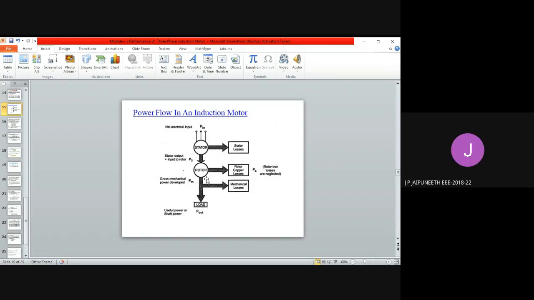Rotor efficiency is equal to rotor output by rotor input, PM by P2. That is 95.99, so you can consider it as 96%. That is the rotor efficiency.